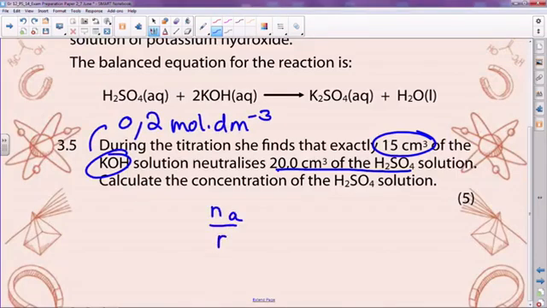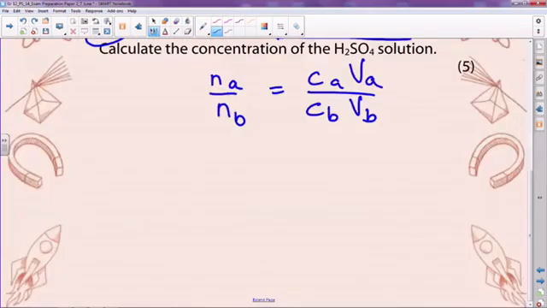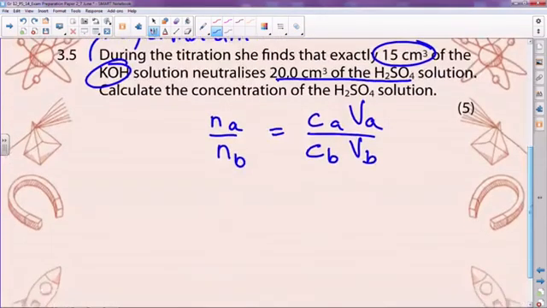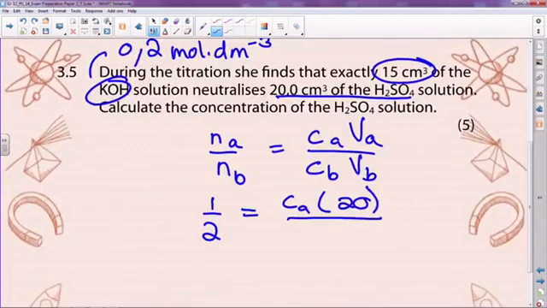Na over Nb equals Ca Va over Cb Vb. Okay, balanced equation. Number of moles of acid to base, it's a 1-to-2 ratio, so that's 1 over 2. We want the concentration of the acid. We use 20 centimeters cubed, does not need to be converted. This was 0,2. That was 15. I don't need to convert the volume because both are in centimeters cubed.